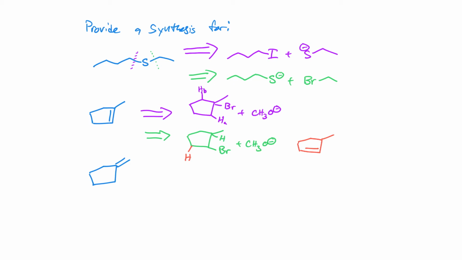I believe HA and HB, both being lost via E2 reaction, would give me the same identical product, and that's what I want to think about here. So that's fine. There is HC, however, that would give me a much less substituted alkene, much less stable, so likely that's not going to be a competing reaction. I think HA or HB would be more likely to be removed. Both of those would give me the desired product.